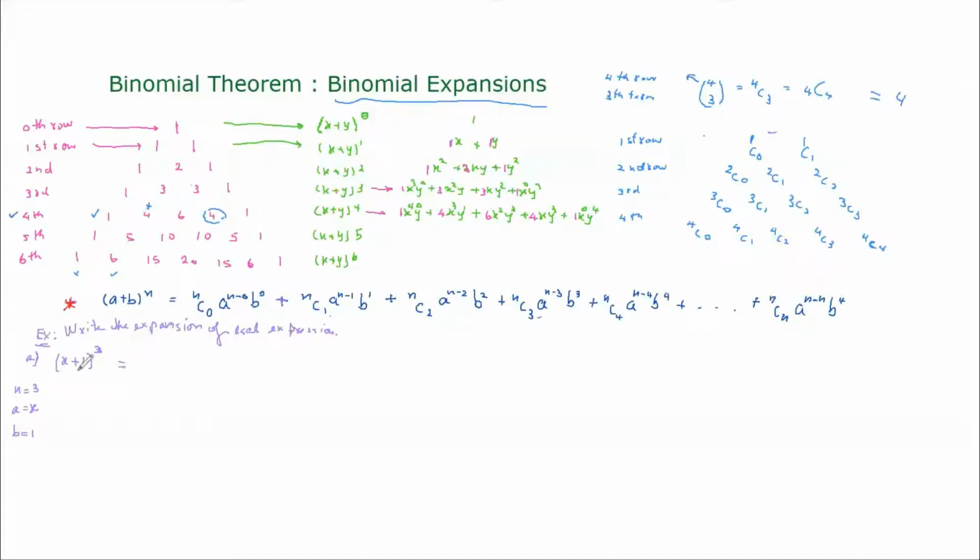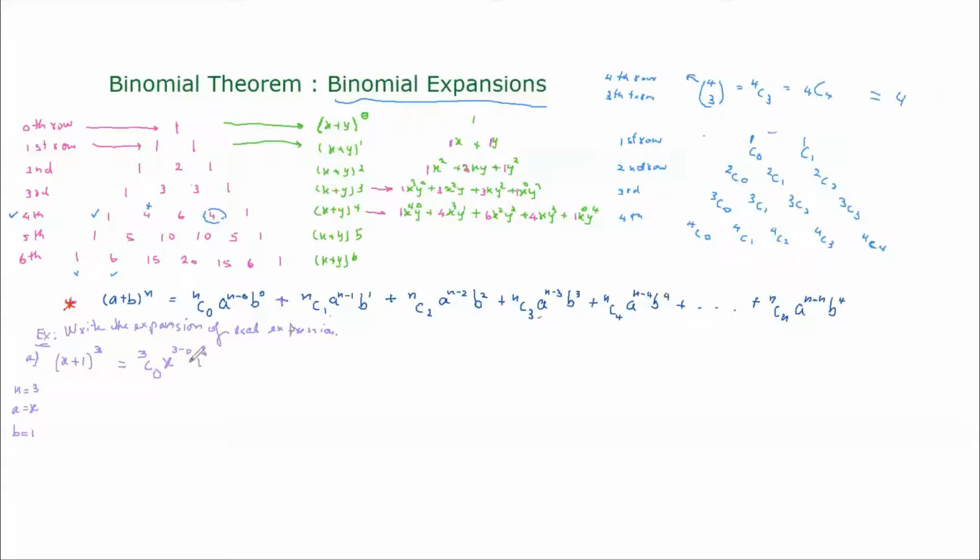Now we replace. n equal to 3. So from here, nC0, n equal to 3, so you have 3C0. a, right now a is x, so you have x power n minus 0, so it becomes 3 minus 0. b is 1, so you have 1 power 0.